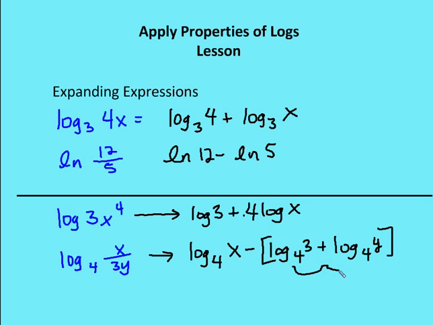So you see this expression corresponds to 3y, right? And in my quotient property, I subtract that log from log base 4 of the numerator. Just to clarify what we're doing.